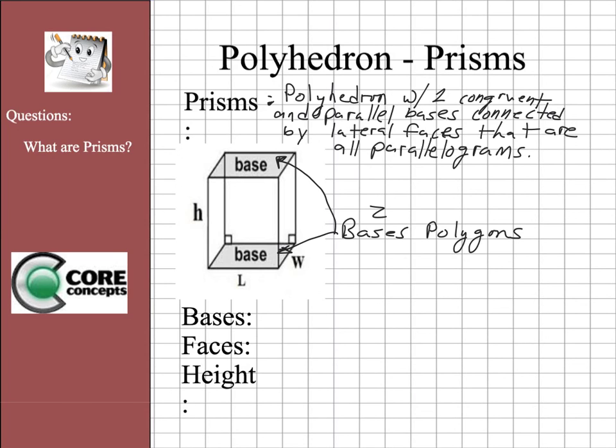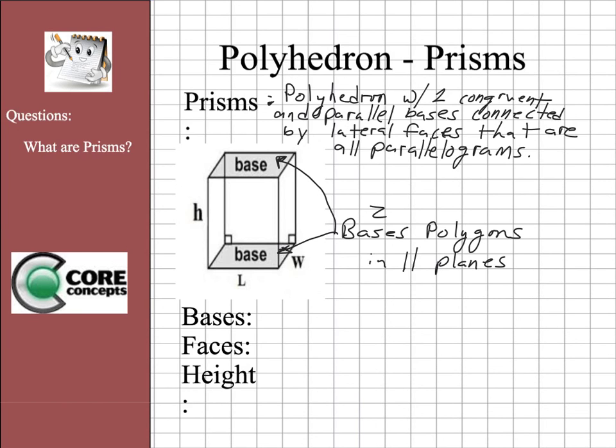Two bases, polygons in parallel planes. So I could have trapezoids if I wanted to, or triangles, or hexagons, so long as they are both the same and congruent. In parallel planes, you can make a prism.